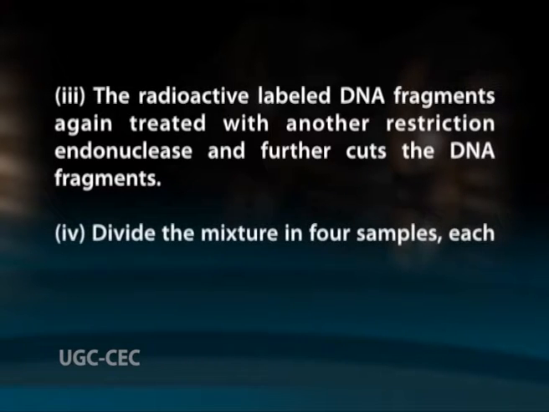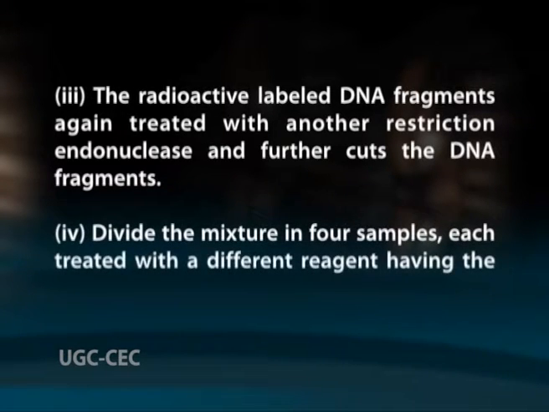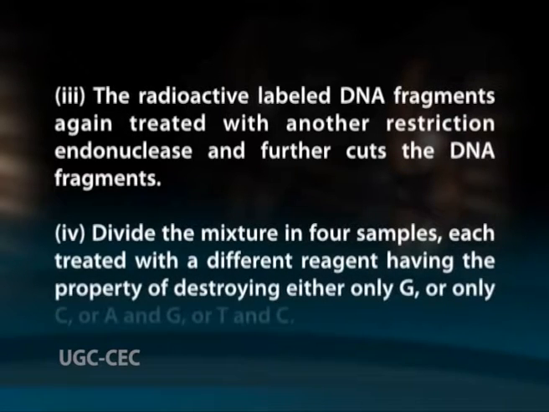Fourth step: divide the mixture into 4 samples, each treated with a different reagent having the property of destroying either only G, or only C, or A and G, or T and C. The concentration of reagent is so adjusted that 50% of the target base is destroyed, so that fragments of different sizes having phosphorus-32 are produced.